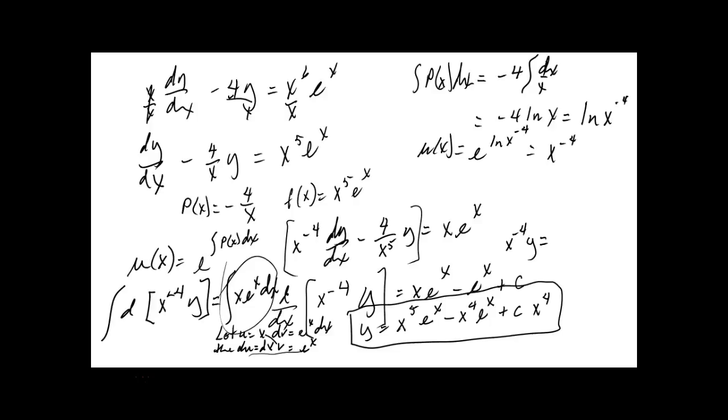Now they have a little blurb right below that. Except in the case in which the lead coefficient is 1, the recasting of equation 1 into standard form 2 requires division by a sub 1 of x. Now if you go back a couple pages prior, when they first wrote that down, they had a1 of x, just like we had x in front.